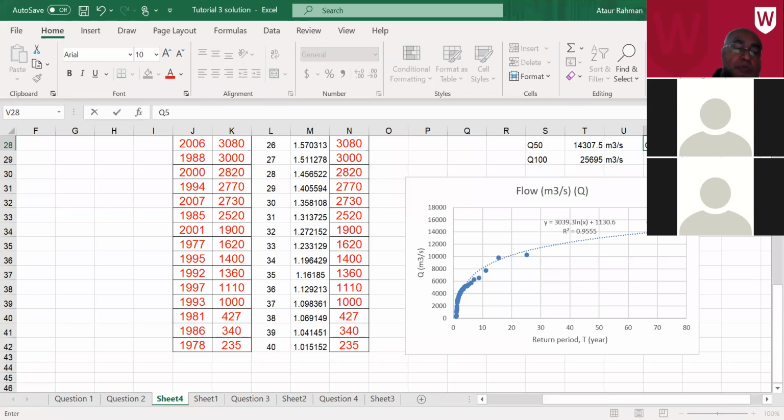So let us do Q50 according to this equation. It will be 1130.6, which is our intercept of the model, and then plus 3039.3 times ln of the return period, which is 50 years in the first case.